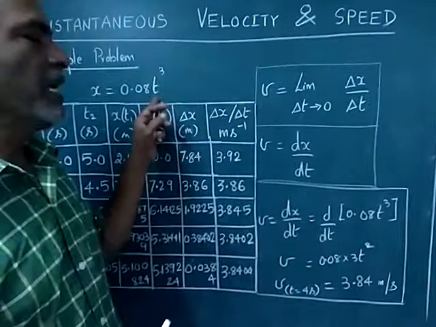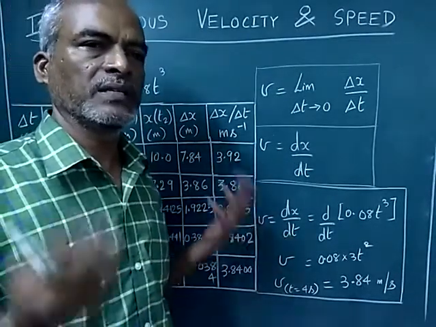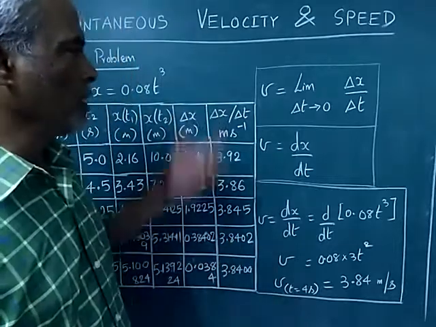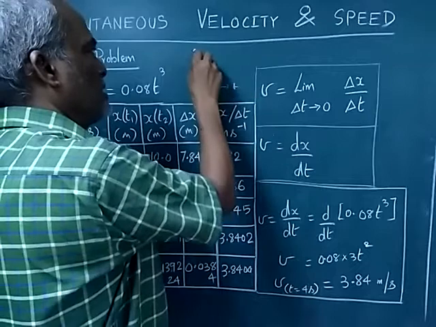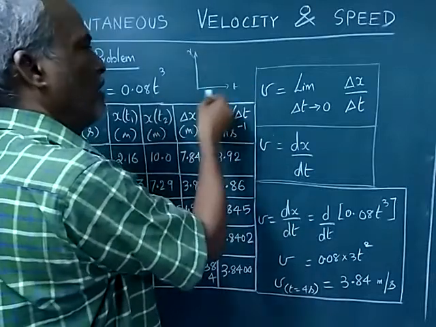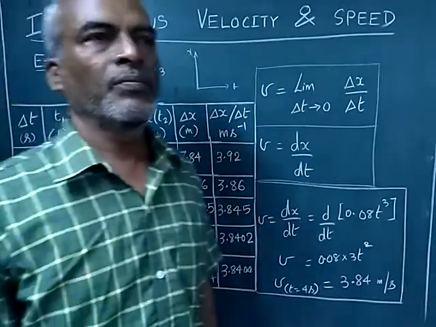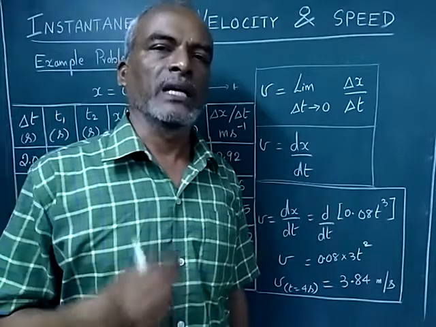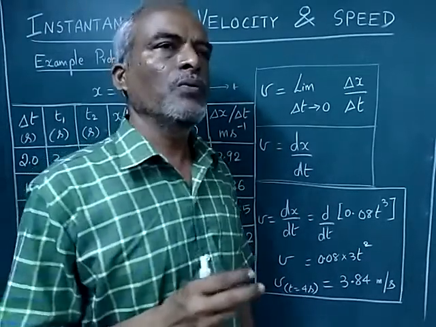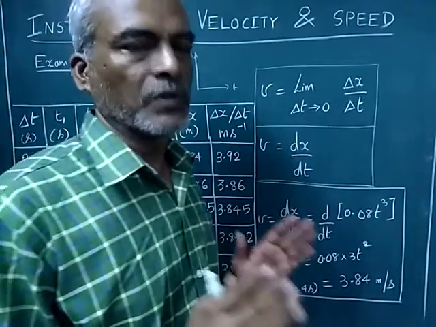If t can take any value, 0, 1, 2, 3, 4, 5, 6, like that, we can plot the graph, with t on one axis and x on the other, for different values of t. But for this question I want the velocity at 4 seconds, so I have taken values around 4 seconds.